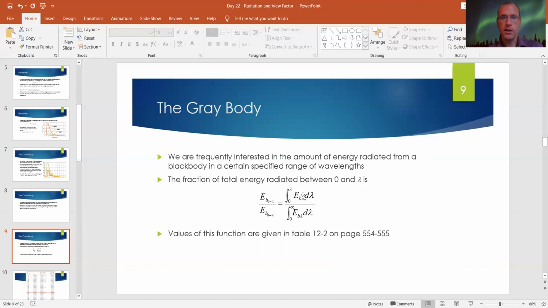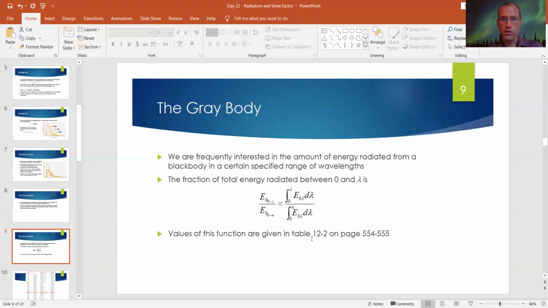What I want to do is take my E_b lambda function, those nice smooth curves that we saw before, and integrate them. So find the area underneath them from 0 to the lambda I care about, and integrate it from 0 to infinity, gives me the total. So that again gives me that total fraction of energy being emitted. Now, the good thing about this is we don't actually have to do these integrals. Someone's already done them, and the values are found in a table.